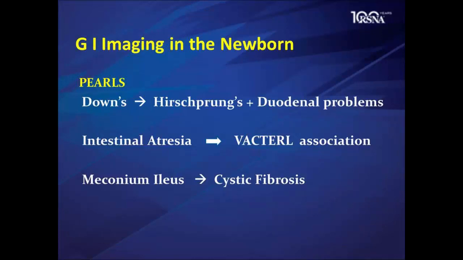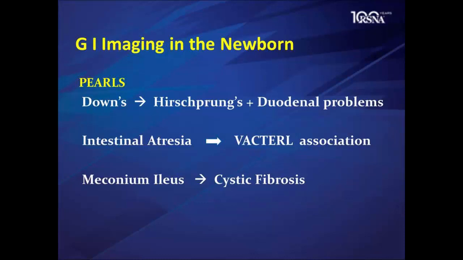So to finish up with some pearls, trisomy 21 patients are more likely to have Hirschsprung disease and duodenal problems as well. So when you have a trisomy 21 patient, don't stop because you think you found the problem of Hirschsprung. He may also have, I tend to say, a Hirschsprung of the duodenum, a functional problem with the duodenum as well.